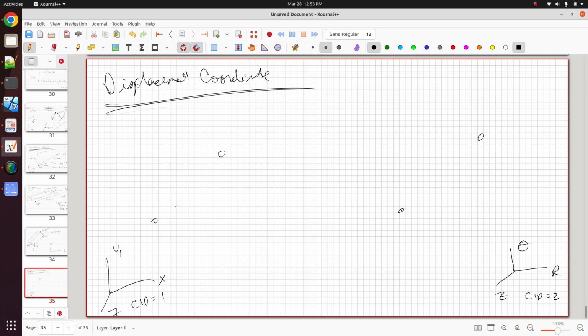Every point can be thought of as having a different observer, if you will, a displacement coordinate system. For the rectangular coordinate system, the observing displacement coordinate system's axes are parallel to the original coordinate system. So here, this is X, and this is Y, and this is Z at this point.